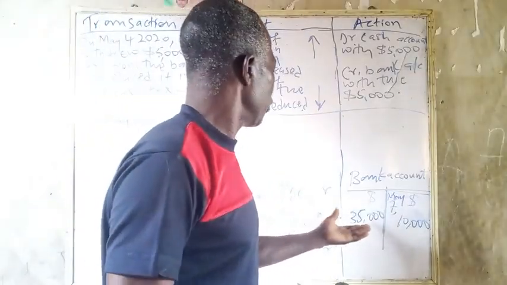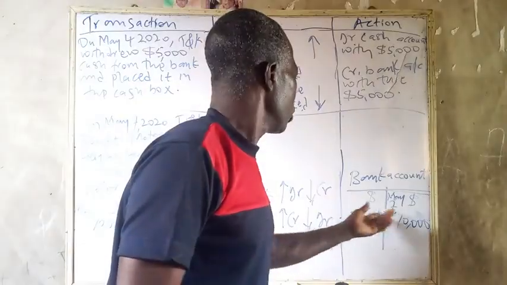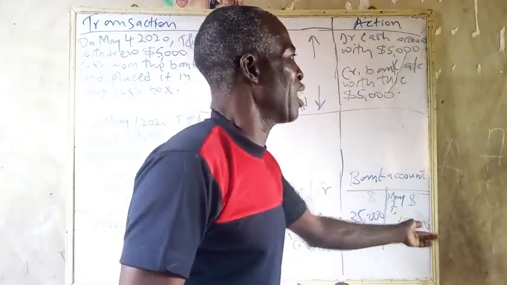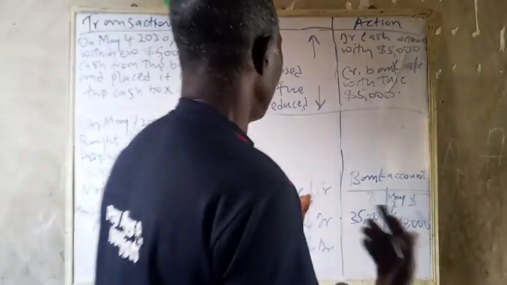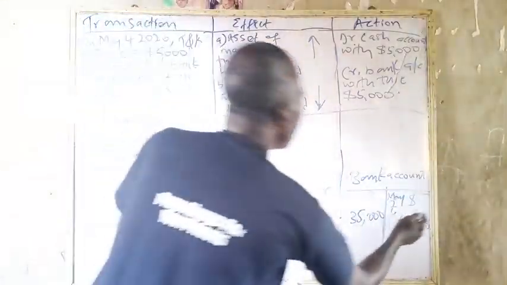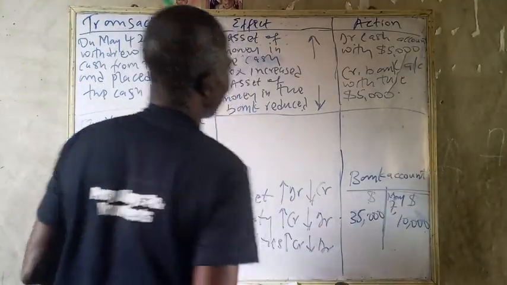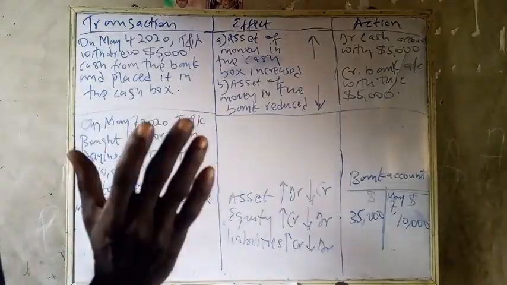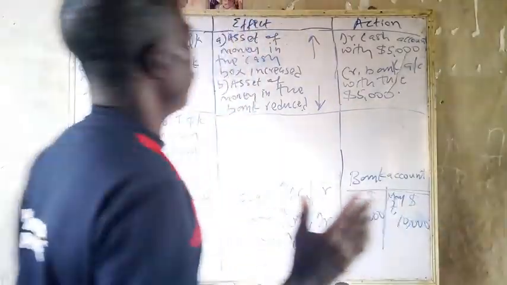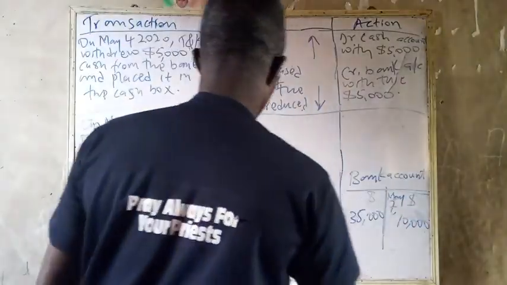That means it has reduced by 10,000. When assets reduce, what do you do? You credit. Asset decrease, you credit. So that is the double entry principle that we said we are going to cover.